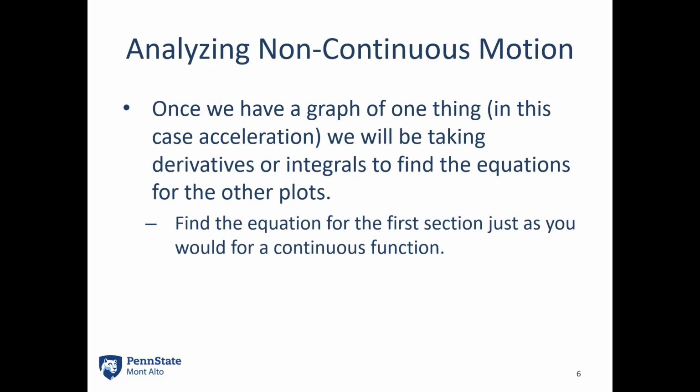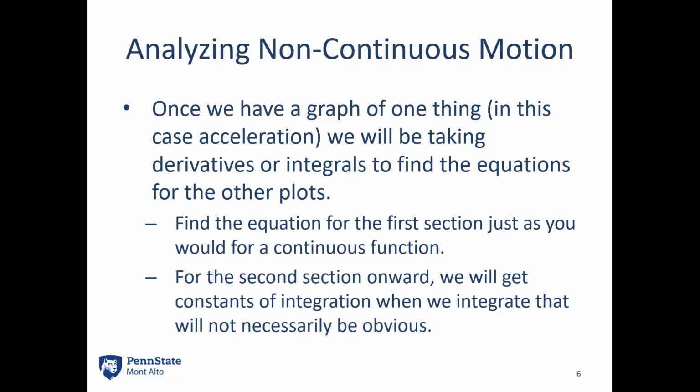So to find the equations for the first section, it's the same as you would for the continuous one-dimensional motion. So starting with velocity, if we take the derivative, we would get acceleration, and if we take the integral, we would get the position. And so we can start to draw out position functions and acceleration functions for these as well.